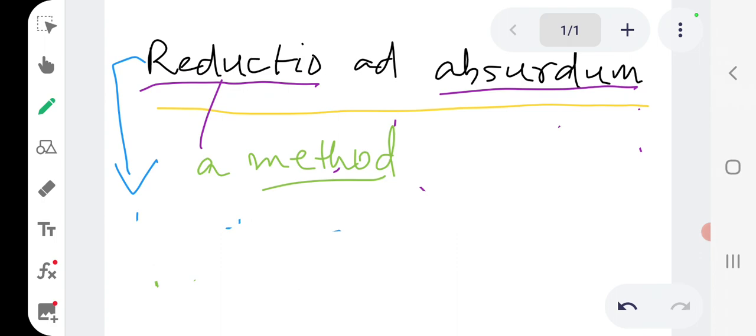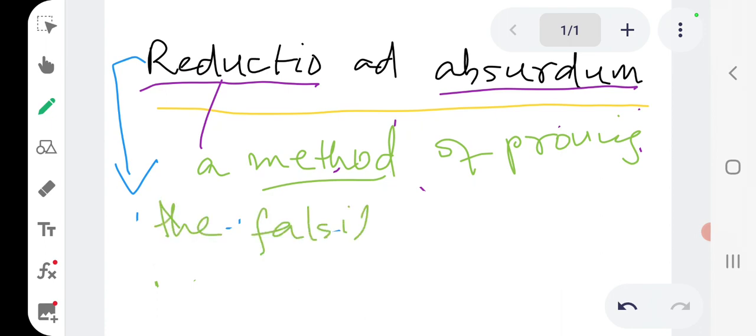A method of proving the falsity of a premise.